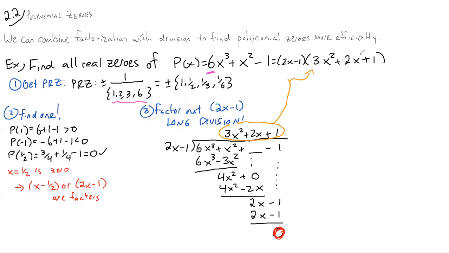So I could look to factor this quadratic using the old school techniques. I'm looking for two numbers that add to 2 and multiply to 3, and they don't exist. So again, on this one, I'm going to use the quadratic formula.